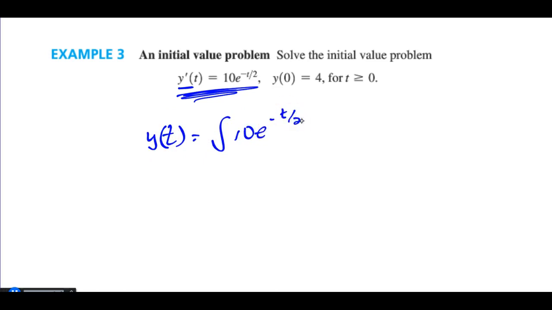t over 2. And of course, you would do a u sub. You would let u equal that negative 1 half t. And then, of course, you have a du, which is the negative 1 half dt.